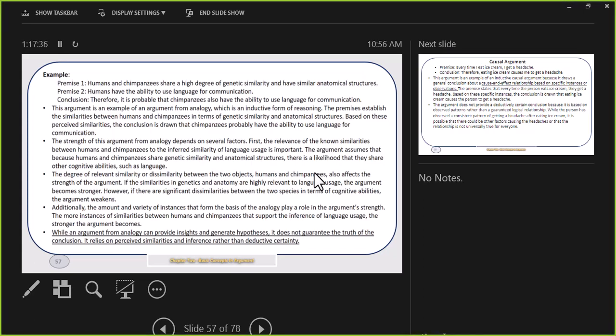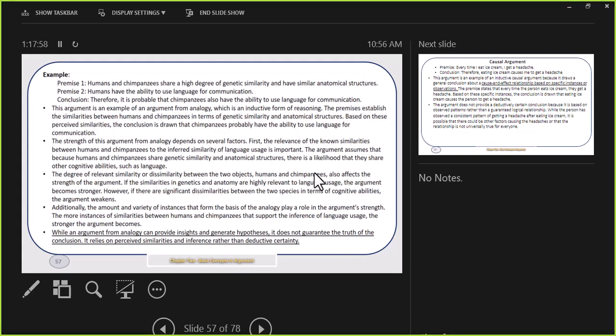We can think of some other factors that outweigh the mentioned similarity, such as cognitive abilities, which is more important, which has been neglected by the author or the writer of this particular assertion. Then we can consider the entire argument as weak analogy.